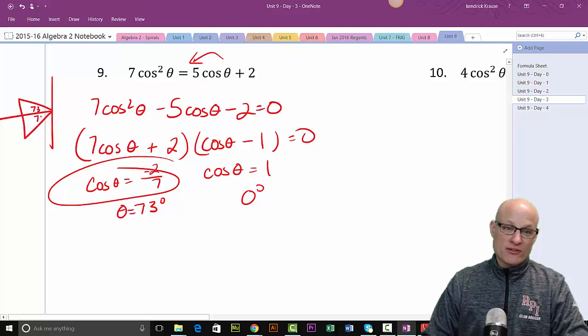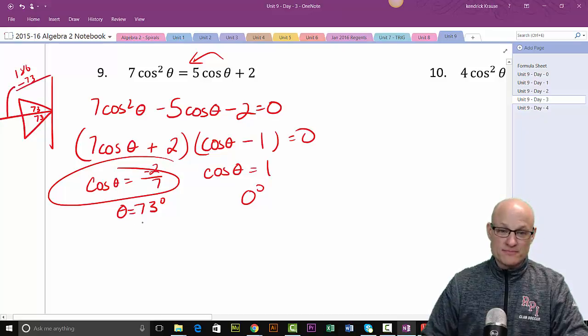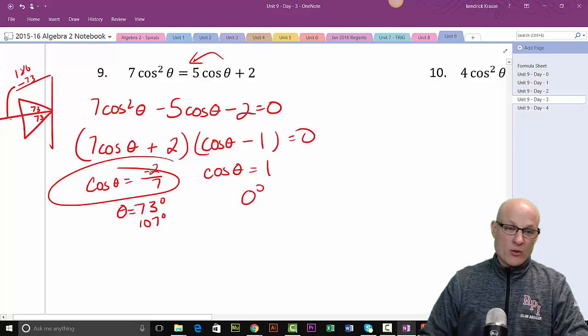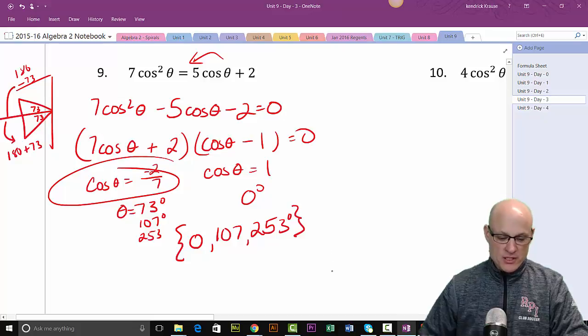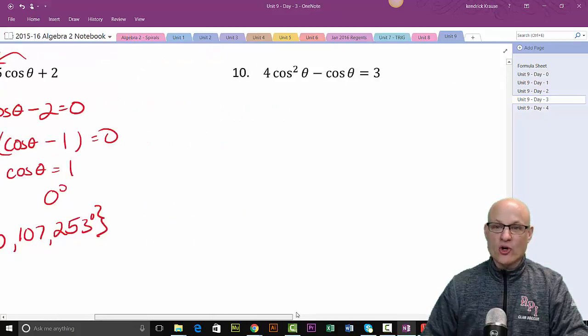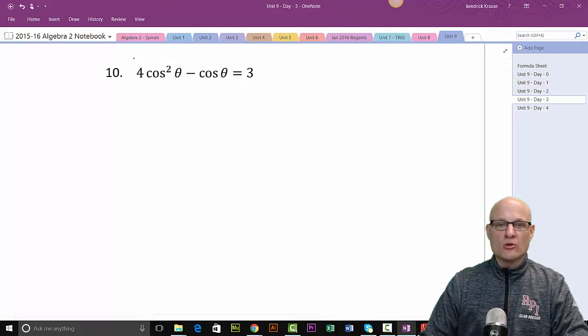So that's 180 minus 73, which is 107, and 180 plus 73 degrees, which is 253. So my three answers are 0, 107, and 253. Oh my gosh, kids, this is so much. Whoa, whoa, whoa. That looks really rough. No, it's not.